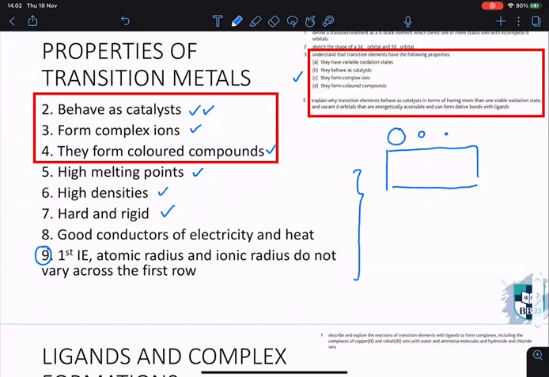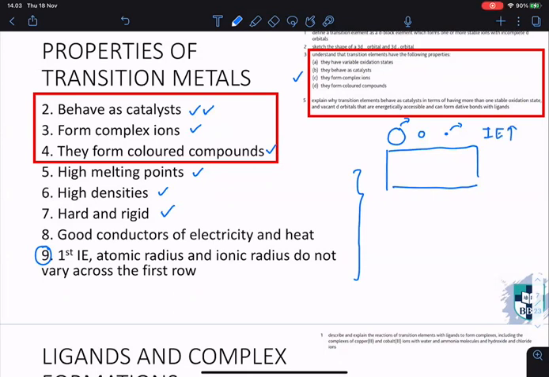So the nucleus will attract the electrons, and they will become closer and closer. That makes the atomic radius and ionic radius all become smaller. And if I want to remove the electrons, it is going to be difficult as you go across the periodic table, because the nucleus is holding the electrons closer to itself. So we expect the ionization energy to increase across the periodic table.